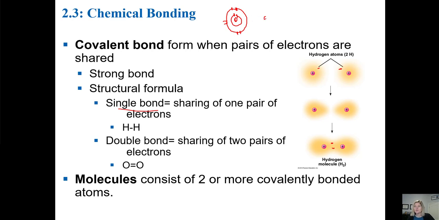So maybe it'll join with another oxygen atom with its 6. Okay. And then basically what it can do is it can get really close and share the other 2 electrons with each other. So by sharing the electrons, it's going to fill its outermost shell.